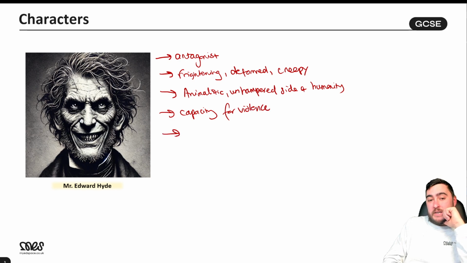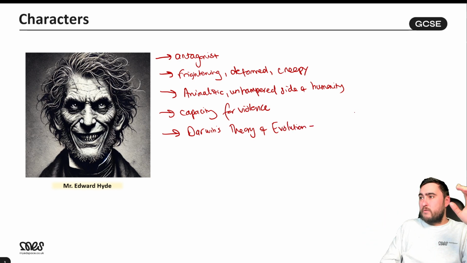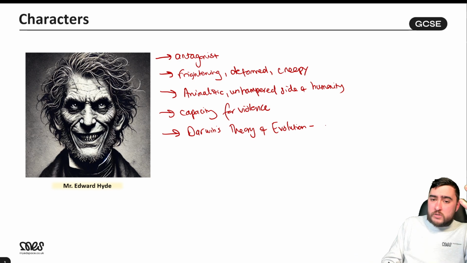And in many ways, he is a reaction to Darwin's theory of evolution. And this idea is, if we have descended over generations through evolution, what still remains of the animal?